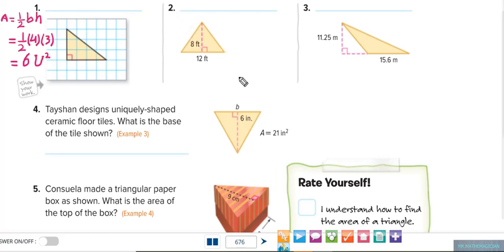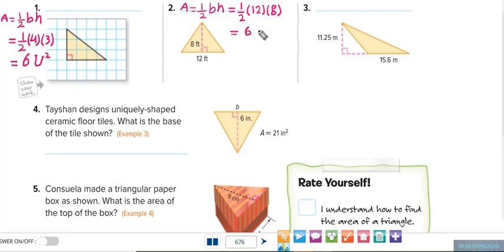Problem number 2, the base is given as 12 and the height is 8, so the rule: area equals half BH equals half multiplied by the base is 12 and the height is 8. As I told you before, you can evaluate half the base, half the 12 is 6.